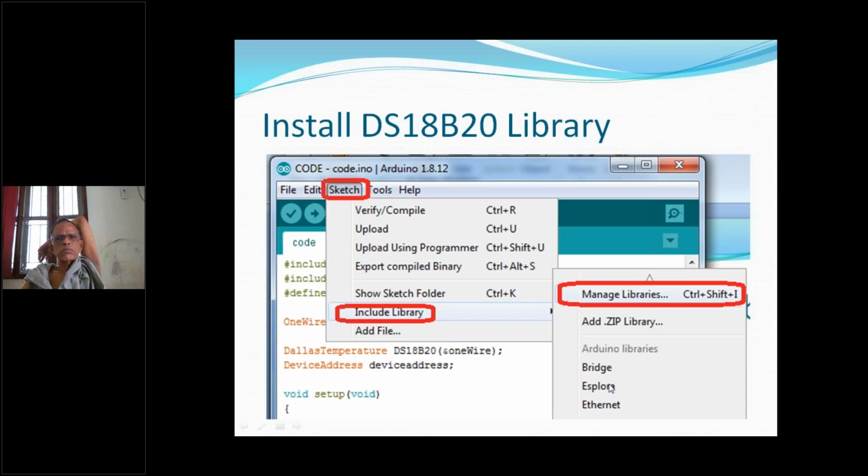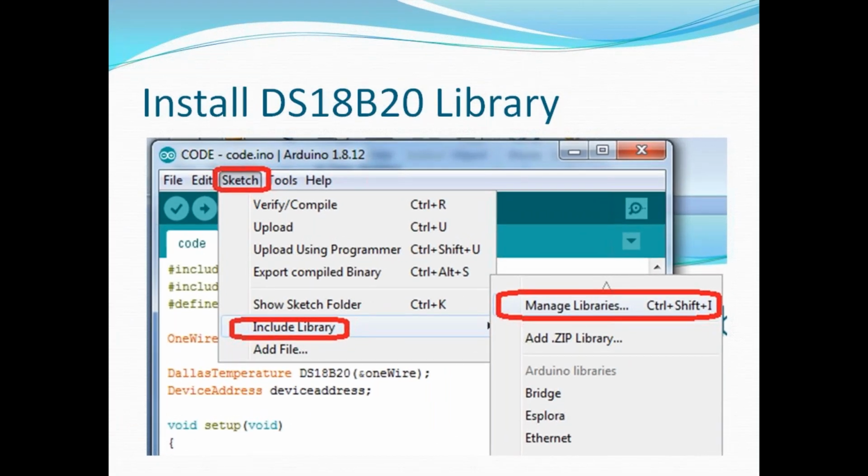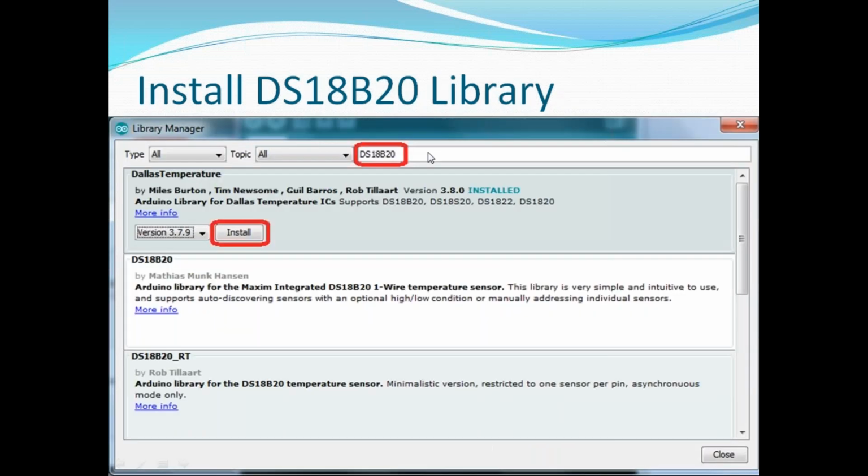Similarly, to install DS18B20, we have to go to Sketch, include library, then manage libraries. Then you have to write DS18B20 and select the version. I have already installed 3.8.0 on my other PC.